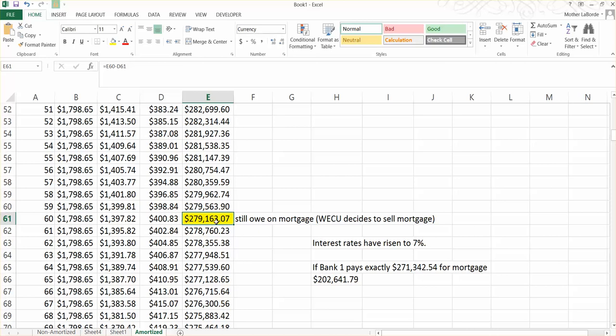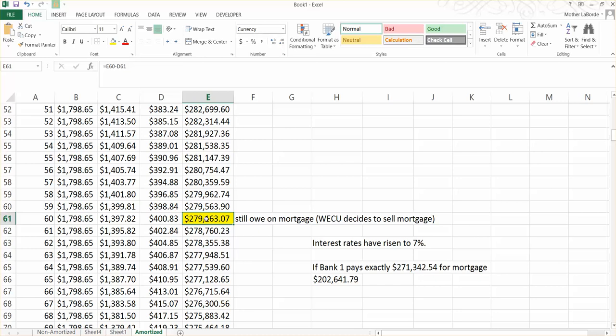What I would do is go to a bank, take out a loan for $280,000 at the new lower rate of 3.8%, and I wouldn't have to sell my house or anything. It doesn't work like that. I just take out a new loan for $280,000 on my house, and then immediately take that cash that I've got from the bank and use it to pay off my old mortgage.